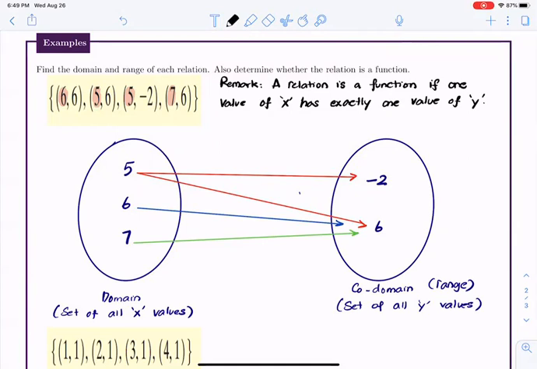Now we could sort of get this by looking at the arrows, which is why we draw the arrows, to understand the concept better. If you look at 5, it is going toward two different numbers. One is -2, the other is 6. So 5 is an x value and it has two y values, -2 and 6. So clearly this particular relation cannot be a function, because one value of x corresponds to two different values of y. So here, this is not a function.